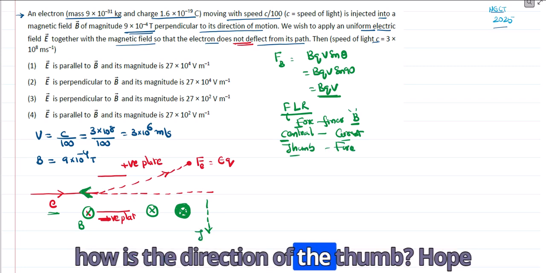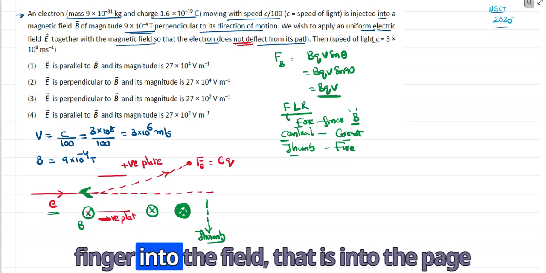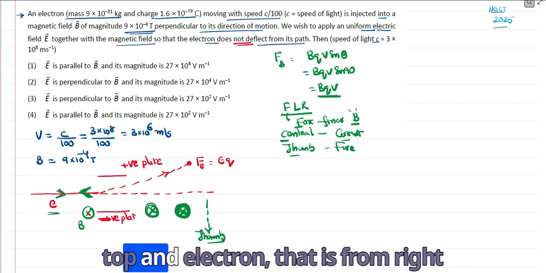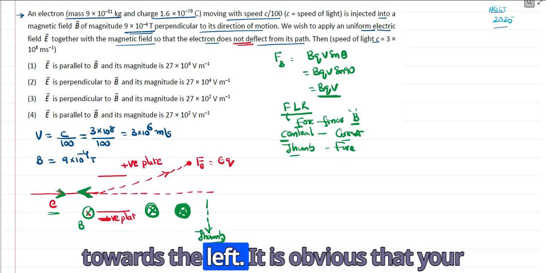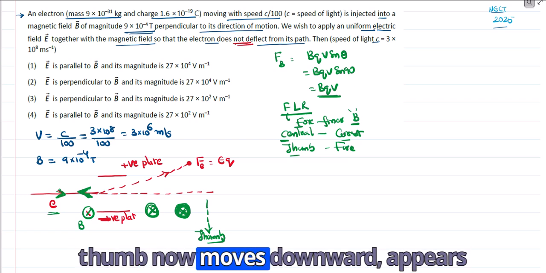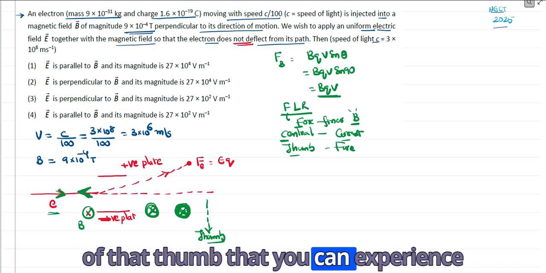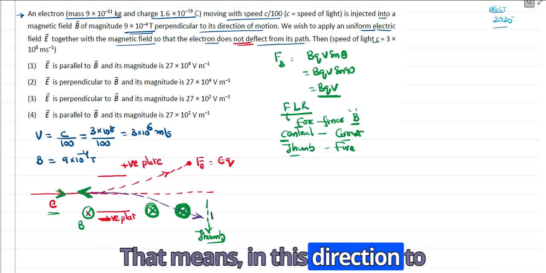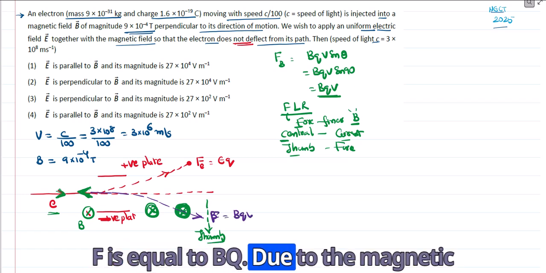So in this direction it will experience a magnetic force F equal to BQV.